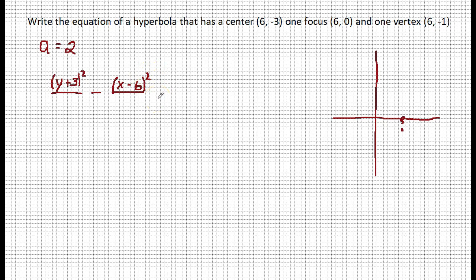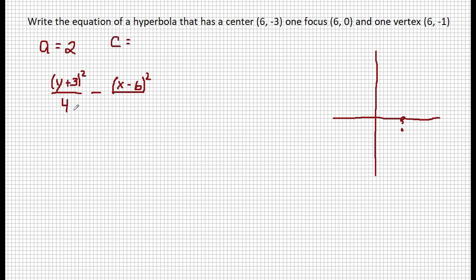Okay, so I have the numerators now. Now if a is 2, a squared goes under here, so that'll be 4.